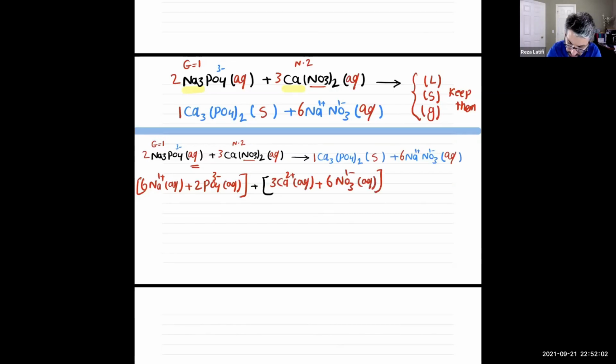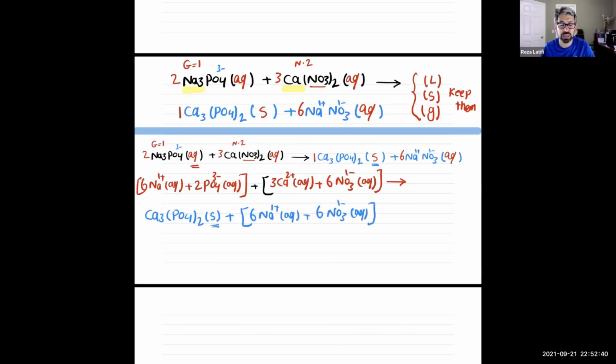And then the products. I have calcium phosphate, which says solid, so I will keep it as it is. I'm not going to touch the calcium phosphate because it says solid. Then I will break down the next compound into 6 sodium ions plus 6 nitrate ions. Now I will cross out any ion that appears on both sides of the arrow.